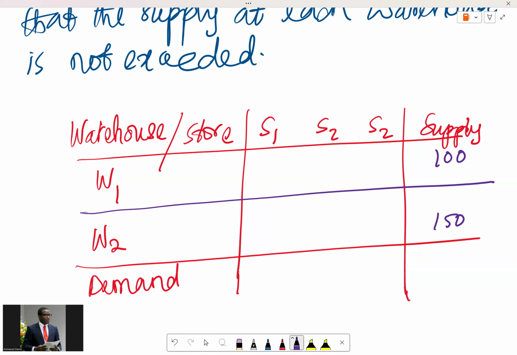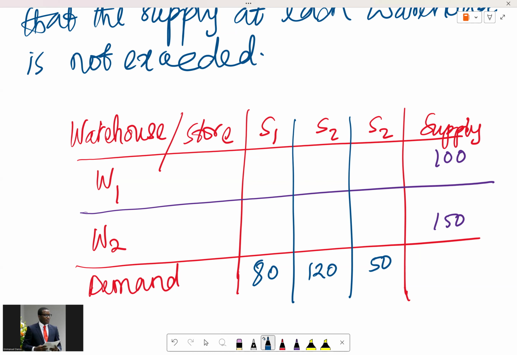Then on the other hand, for the demand, store one demands 80, store two demands 120, while store three demands 50. And then we have the costs. You can take that to be in dollars, for instance.